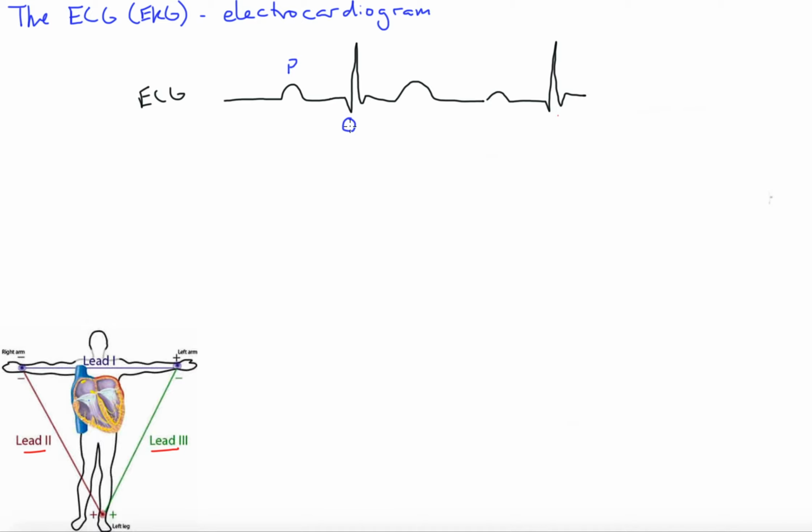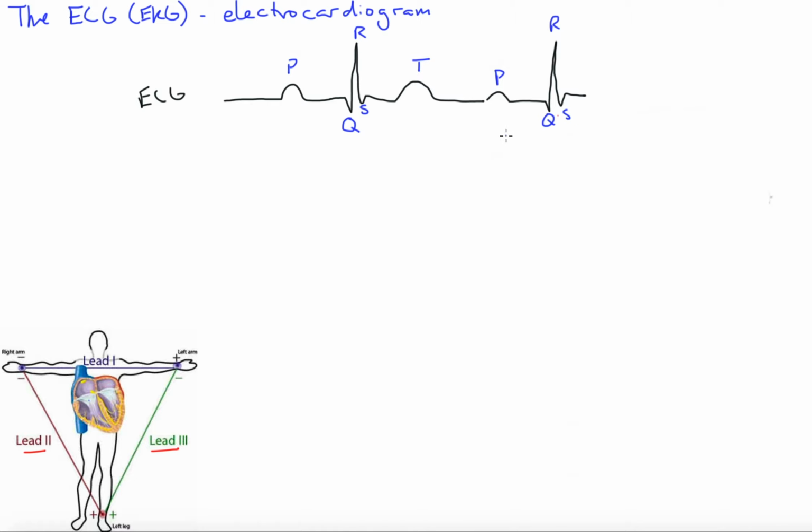This is known as the QRS complex. Then this is the T wave. And then we're back over to the P wave. Here's R again, Q, S. And again, it's repeating. So we have more than one complete cycle of electrical activity of the heart.